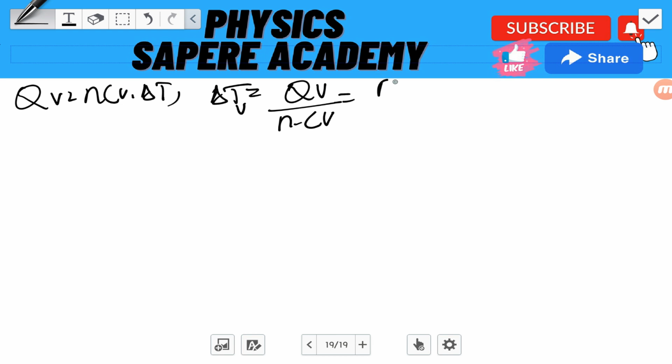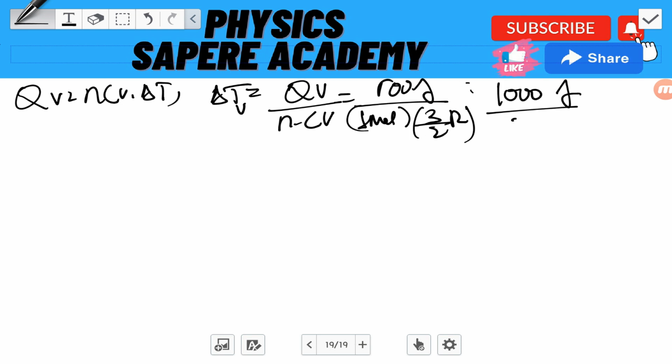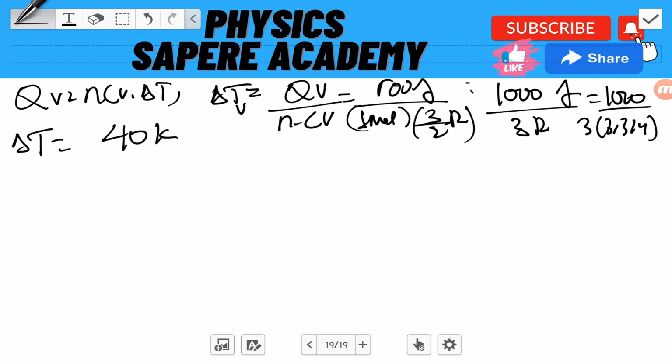Qv is given as 500 joules over the number of moles, which is 1 mole, times Cv, that's 3 over 2 R. So we have 1000 joules over 3 times R, which is 1000 over 3 times 8.314. This becomes 40 Kelvin. So the change in temperature during the constant volume process is 40 Kelvin, positive.